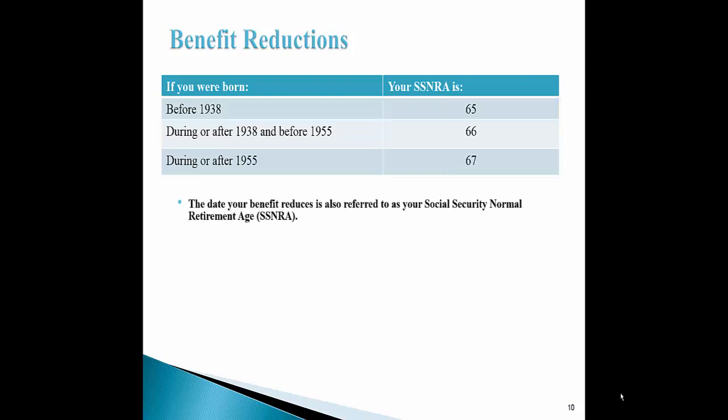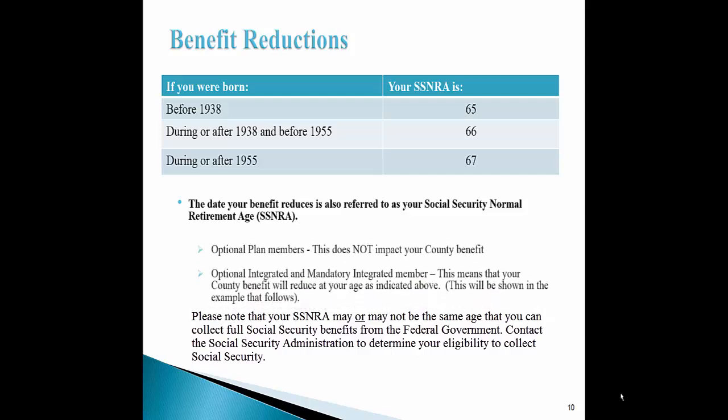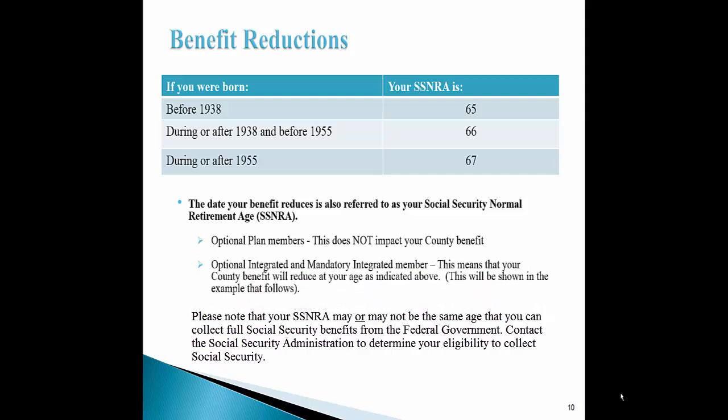Please note that your SSNRA may or may not be the same age that you can collect full Social Security benefits from the federal government. Contact the Social Security Administration to determine your eligibility to collect Social Security.